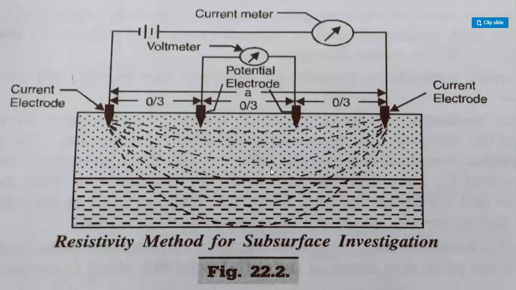Guys, here I will explain the figure. The first one is the current meter. This is the voltmeter. This is the potential electrode.